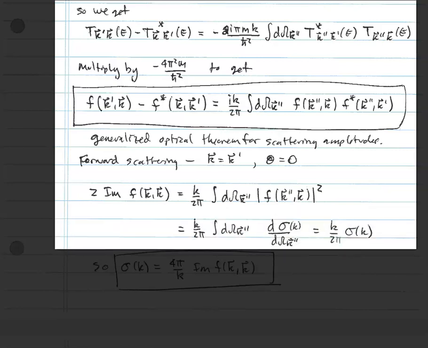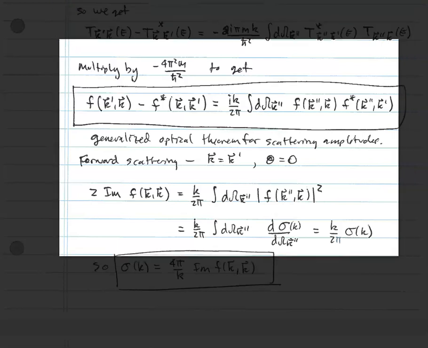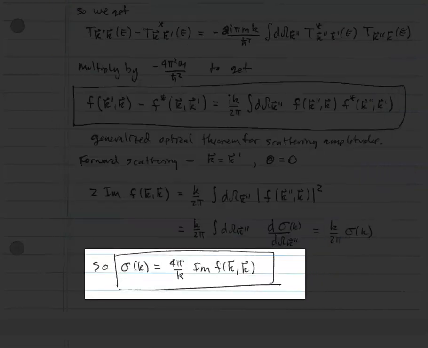But remember, Gottfried told us that the modulus of f of k double prime k squared is just d sigma of k over d omega k double prime. When I integrate that over d omega k double prime, I'll get sigma of k. So what we find is that sigma of k can be expressed as 4 pi over k times the imaginary part of f of k.